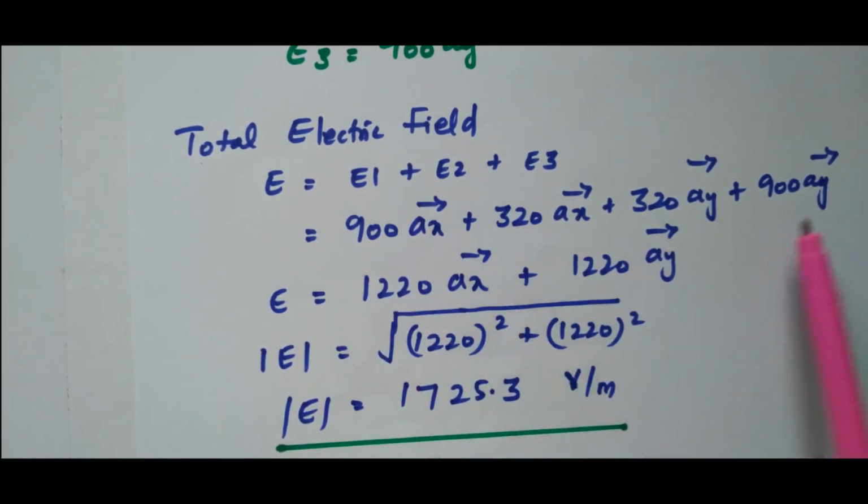Now we can add all, so we get 1220 AX plus 1220 AY. By taking the modulus, we got 1725.3 volt per meter. So the electric field intensity at the fourth corner, due to the remaining three corners Q1, Q2, Q3, will be 1725.3 volt per meter.